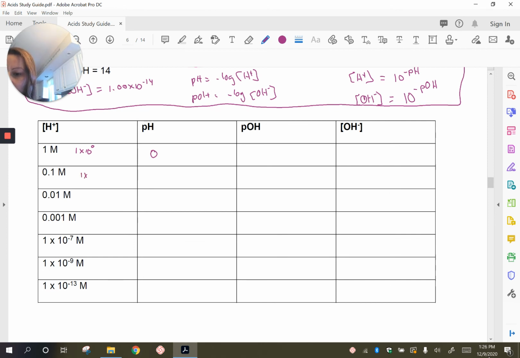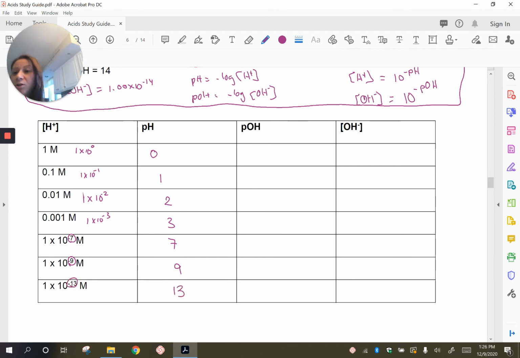For 0.1, this is the same thing as 1 times 10 to the negative 1, so the pH here is 1. Here, this is 1 times 10 to the negative 2, so the pH is 2. This is the same thing as 1 times 10 to the negative 3, so the pH here is 3. This would be 7, so it would be 9, so it would be 13.